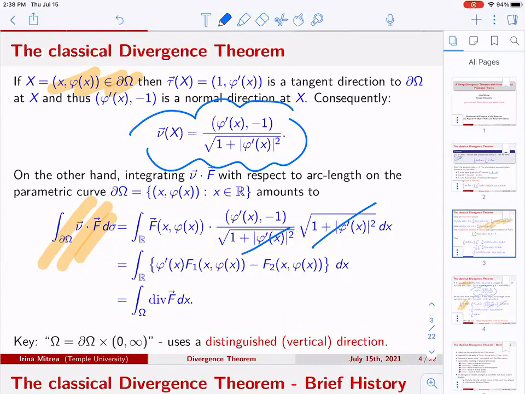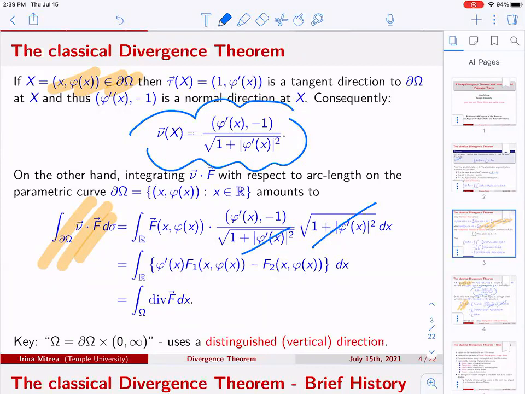I would like to point out here that what really made this argument possible is our ability to write the domain omega as the set theoretic product between its boundary and the positive semi-axis, the interval 0 to infinity. So there is a distinguished vertical direction that allows us to employ Fubini's theorem.